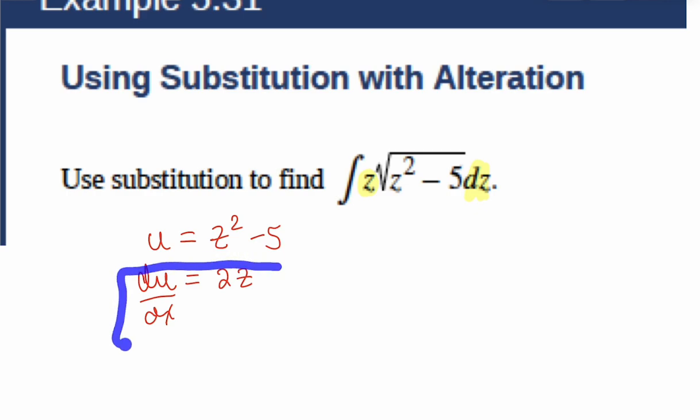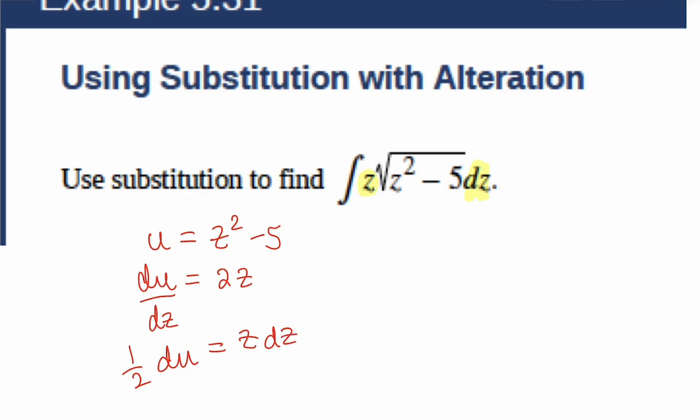So we need to rearrange this so that one side says z dz, the other side says everything else. So the 2 needs to go over here. Oh, I'm sorry, and this would not be dx. That would be dz. And the dz goes on the other side. So we're going to divide by 2, and we are going to cross multiply by our dz. So now let's look back in our problem.